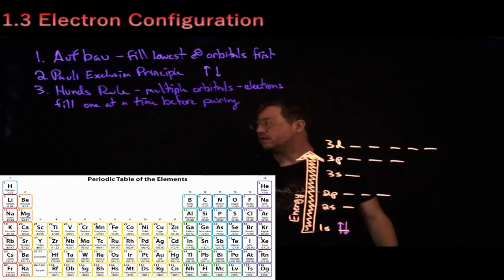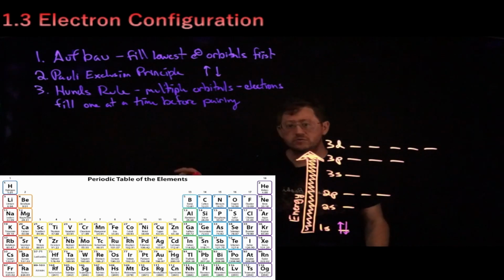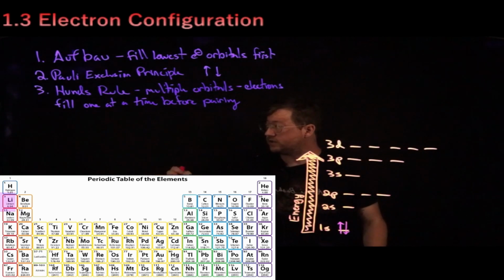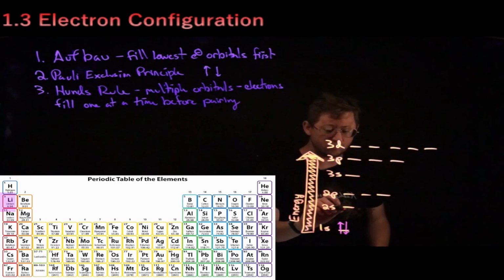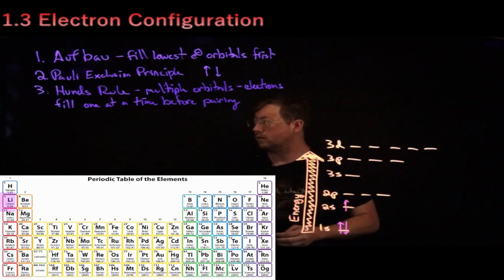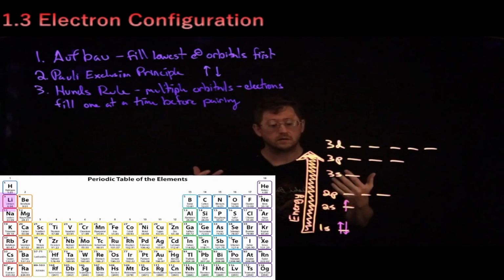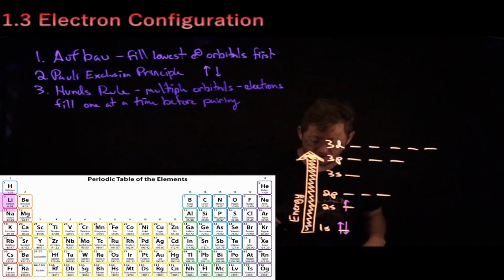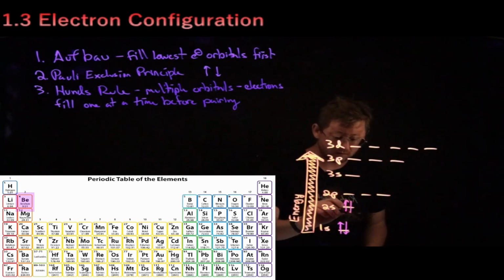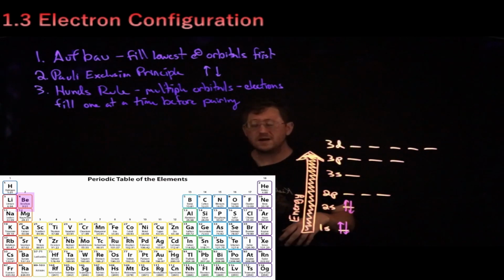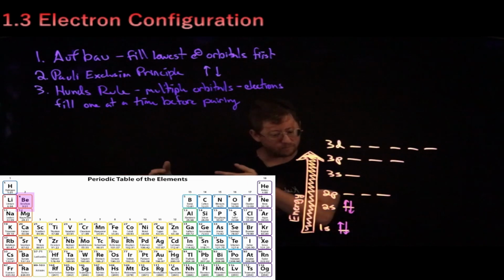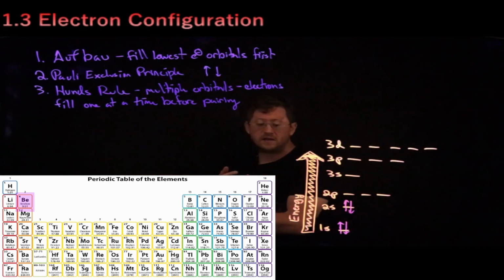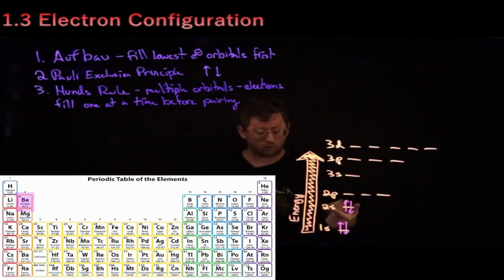The next atom we're going to go to, number 3, is lithium. Lithium is going to have a single electron in the 2s orbital. The next atom after that is beryllium. Beryllium is fairly reactive, but it also has a filled orbital.